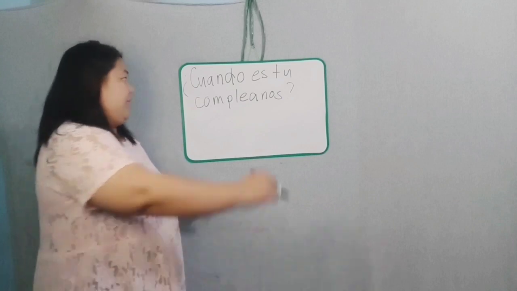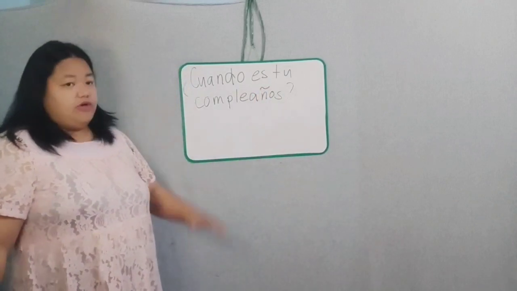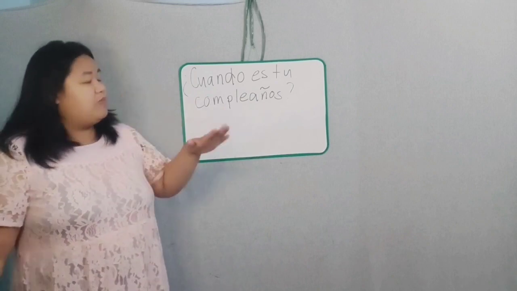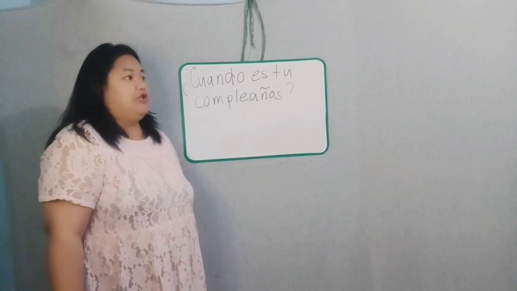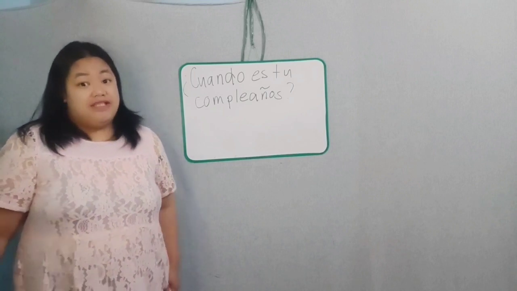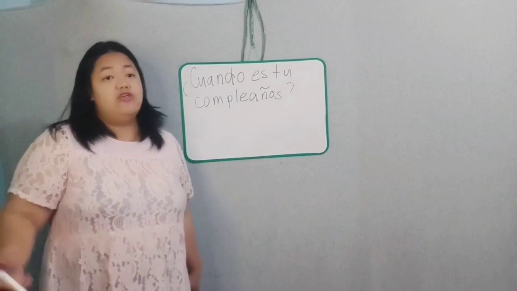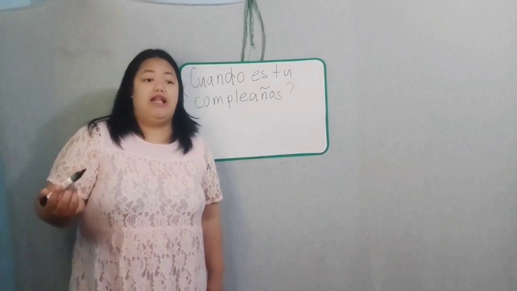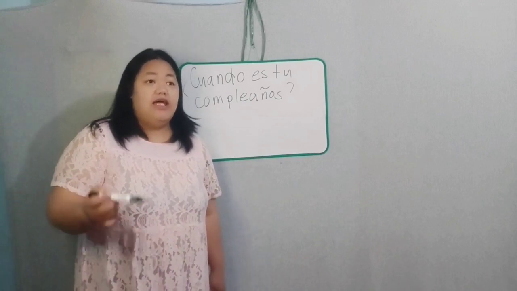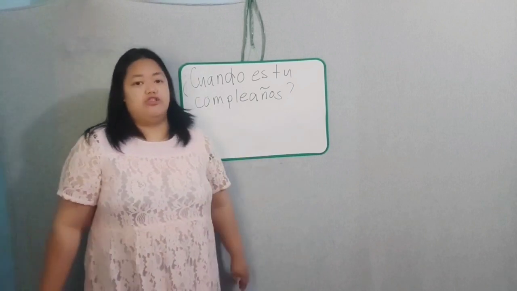When is your birthday? Años is with a tilde, so that's años. And then you would say, my birthday is the 17th of April, for example. Mi cumpleaños es el 17 de abril. So that's how you would answer the question.